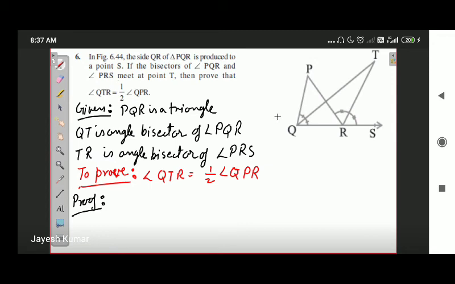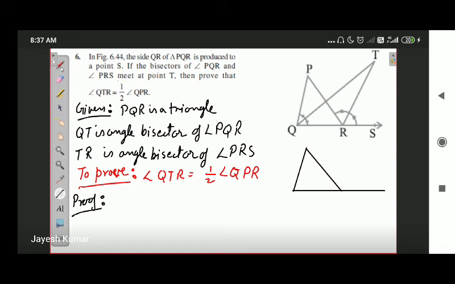Now let's do it. First of all, I will start with triangle PQR. Let me remake the diagram for you. This is QS and this is QP and this is PR.